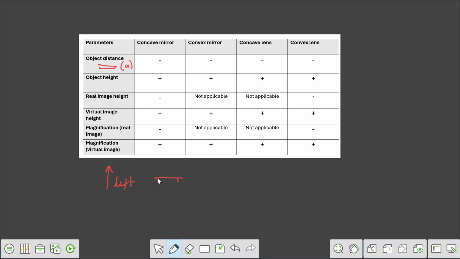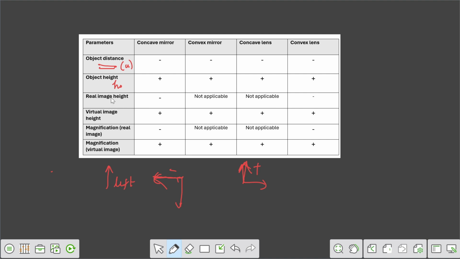So left side distance, inverted L and normal L. This is the only thing you have to remember. So left side means this side, so negative. So it is negative for all. What about object height, HO? Object is placed above the axis, so plus, all plus.